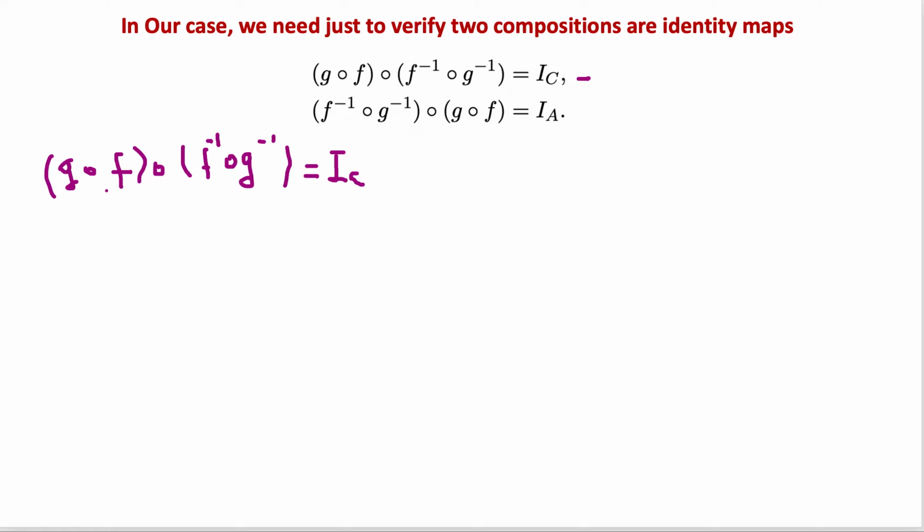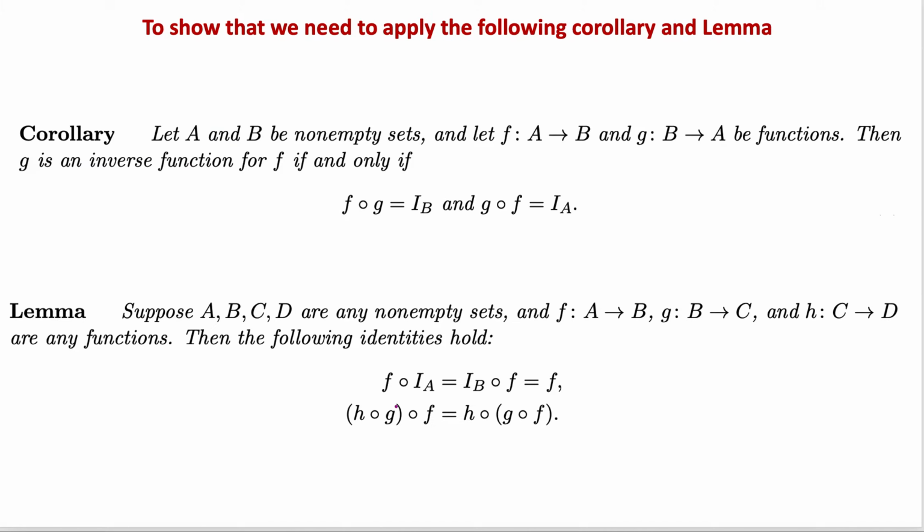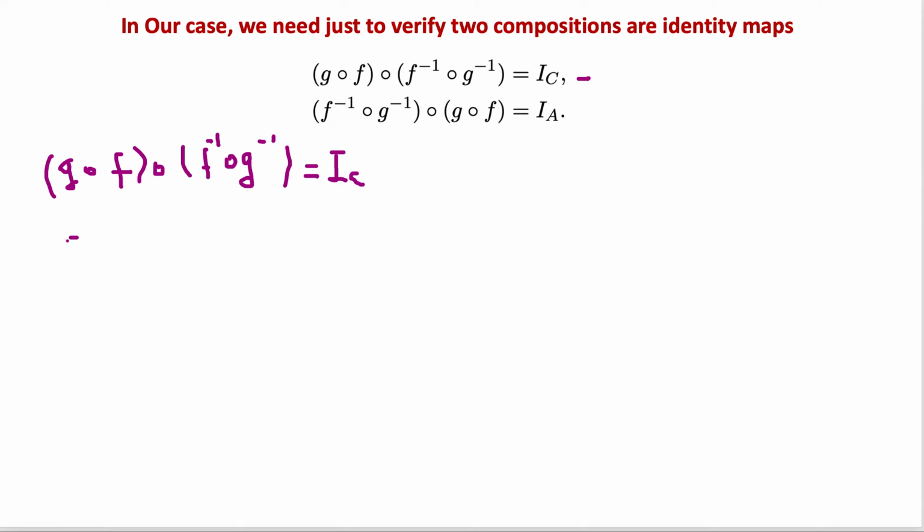Now, in this case we are applying the lemma that we had here. When we apply this lemma, we have g composition f, composition f inverse, in fact the inverse of f, and everything composed with the inverse of g.